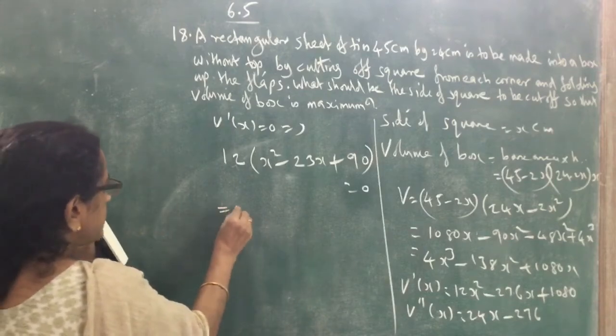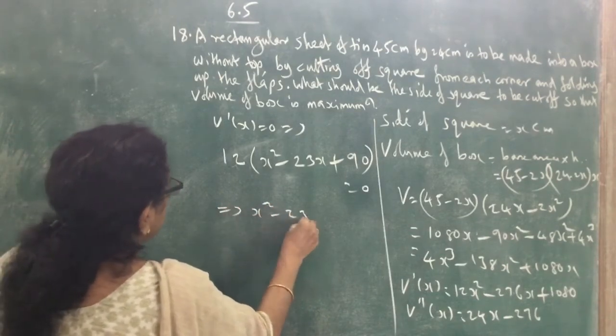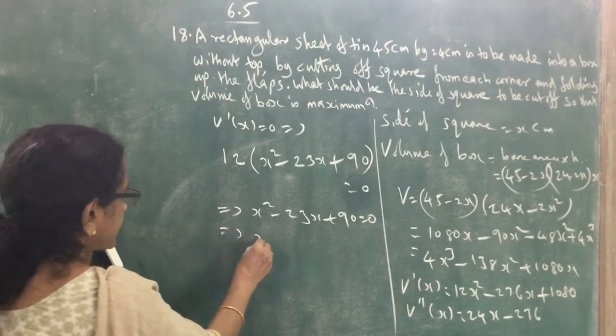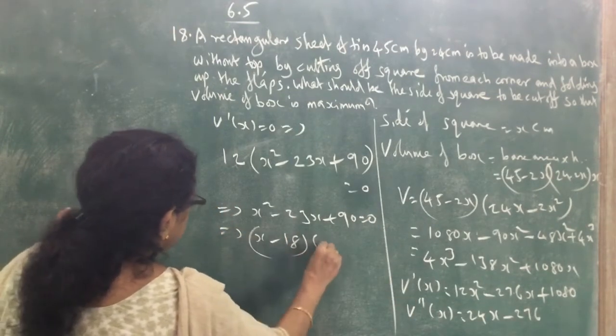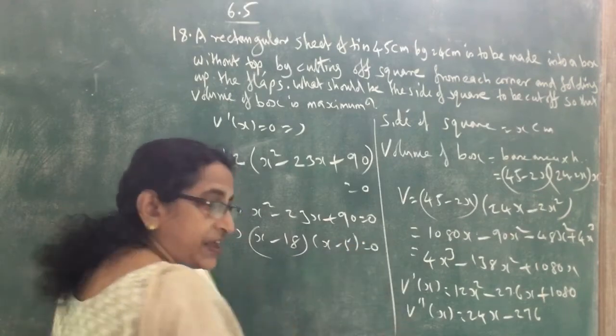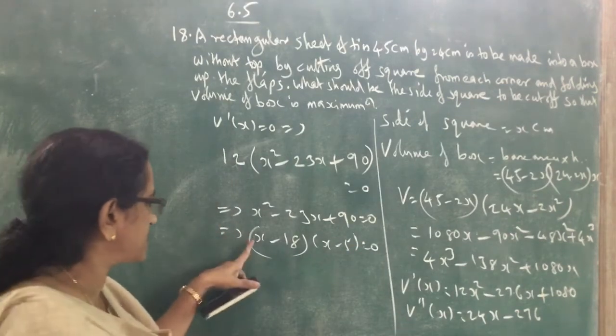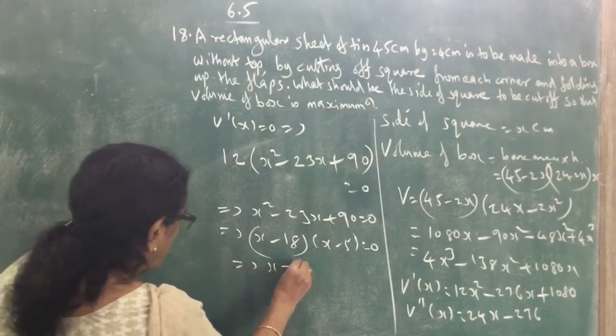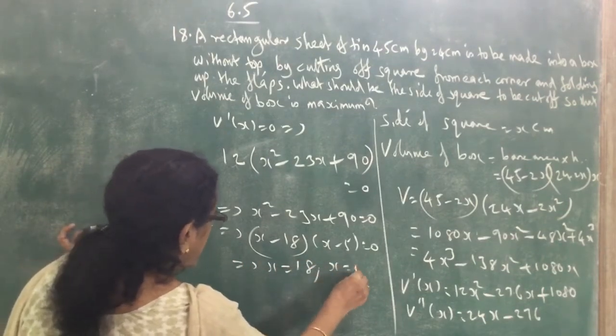That implies x squared minus 23x plus 90 equals 0. Then we can factorize: x minus 18 into x minus 5 equals 0. So we got two values for x, that is x equal to 18 and x equal to 5.